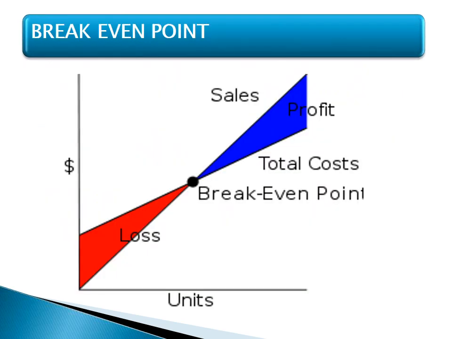Next, in this figure we can see that on one side there are the units and on the other side there are the dollars. Here, when you are making sales, you have to consider both the profit as well as the loss.